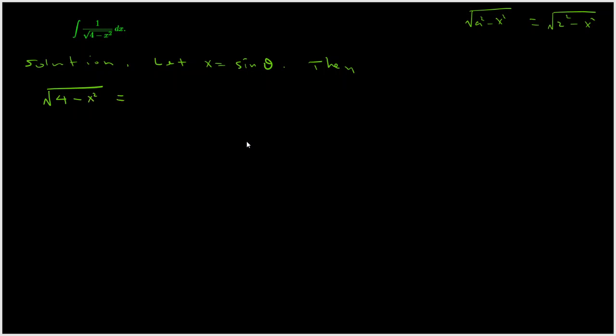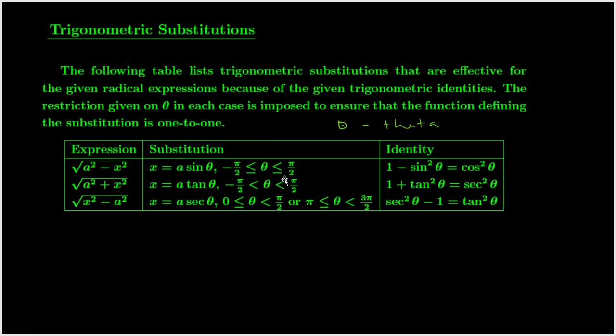equals. And by the way, in the substitution, there's a restriction on theta. Theta is in general between negative half pi and half pi, but you really do not have to memorize that. You just remember there's a range of theta. If you need it, you go back to remember that.